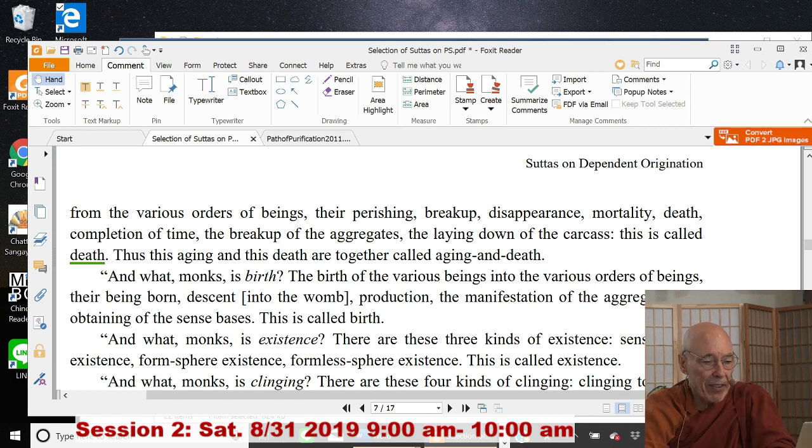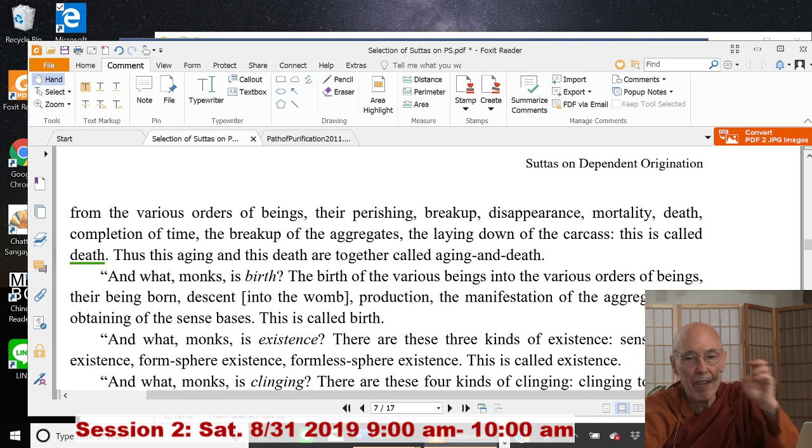So it's the birth of the various beings into the various orders of beings. They're being born, the descent, okanti, it's the entrance into the womb, the production.